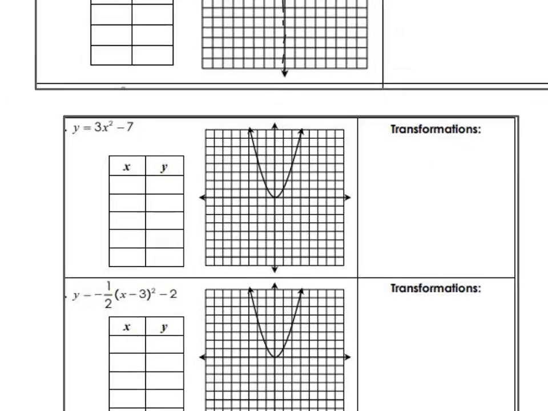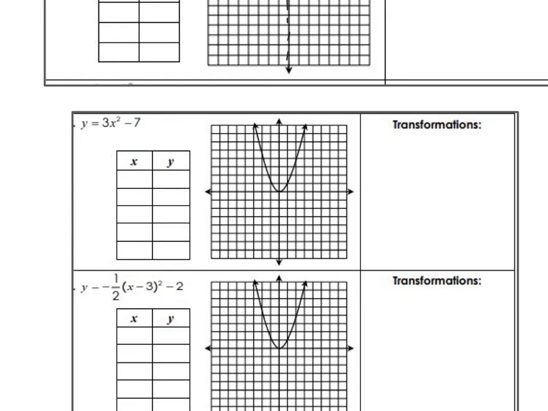Alright. This one, again, no parentheses, so 0 is still my axis of symmetry. However, my y-coordinate now is -7. So my vertex has gone all the way down here, from here to here. Now, my A is 3.